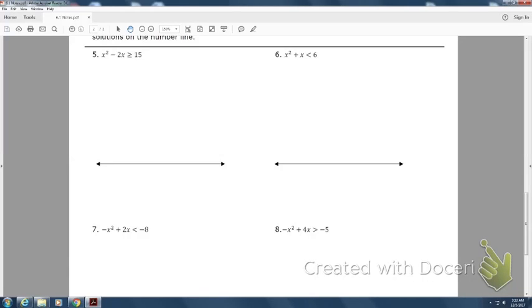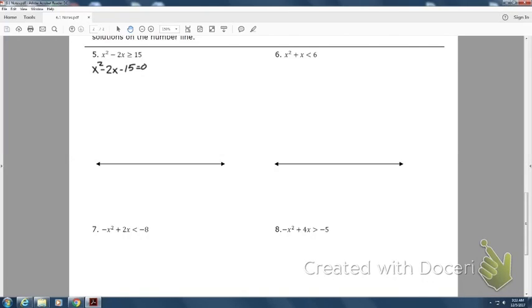Okay, and I know there's an inequality up there, but remember, it's just business as usual as far as factoring and all that other stuff. All the inequality tells us is really which way to shade. Okay? So the first thing I'll do is subtract 15. So I've got x squared minus 2x minus 15.